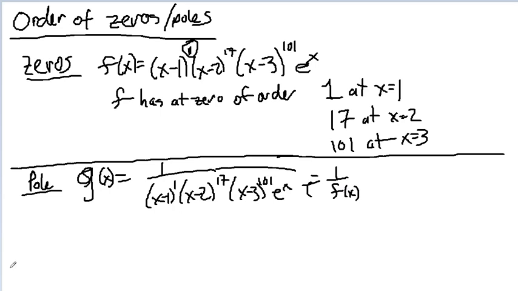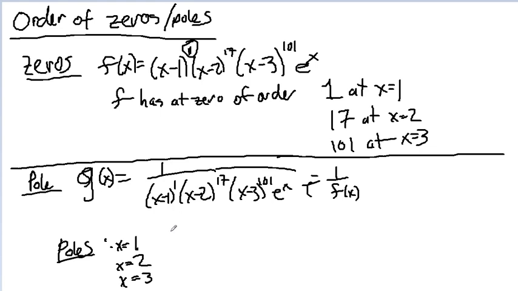Clearly I divide by 0 here, so I have poles at 1, 2, and 3. Those are the only poles I'd have, because if I plug in any other number, the denominator is non-zero. So I'm going to be good.